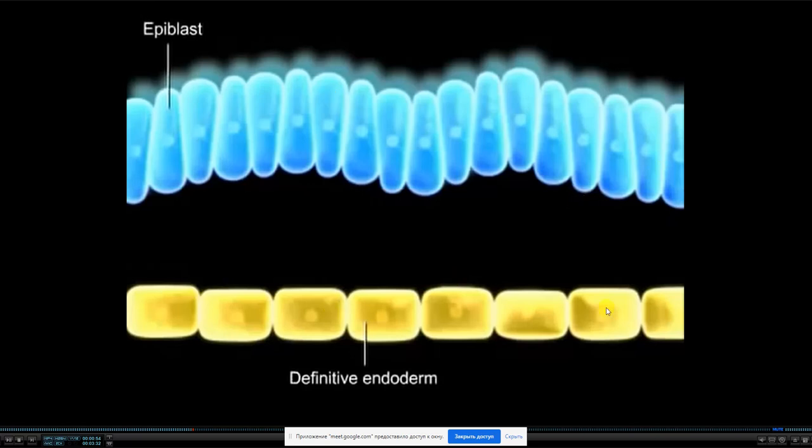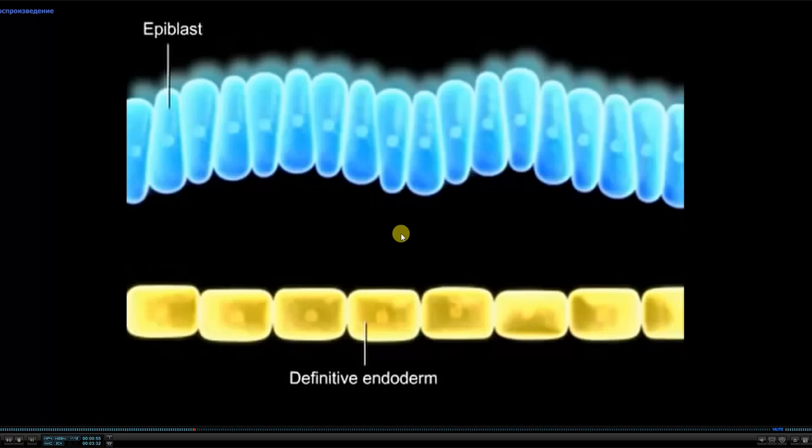Epiblastic cells replace the hypoblast and form the definitive endoderm. It's not the hypoblast that is endoderm, but the epiblastic cells which migrated and replaced the hypoblastic cells; they are named endoderm. This is the first step of gastrulation. Here starts the process of gastrulation.